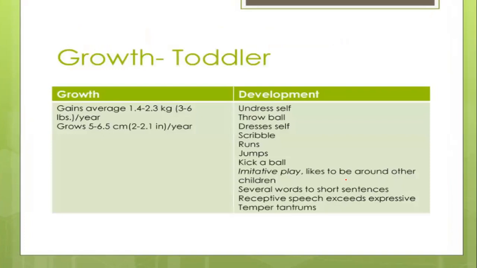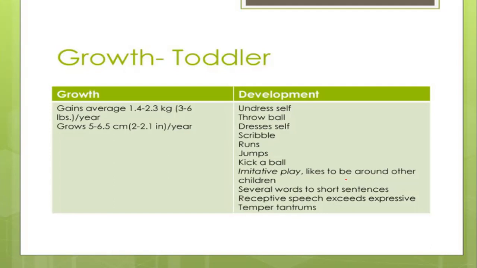So when we reach this phase, which would be the toddler, gains an average of 1.4 to 2.3 kilograms per year and grows from 5 to 6.5 centimeters per year.